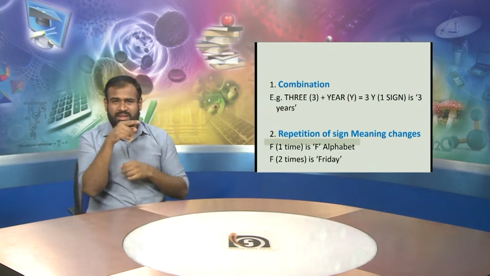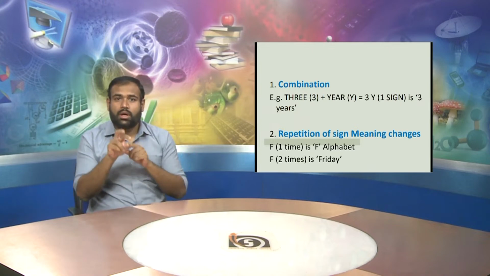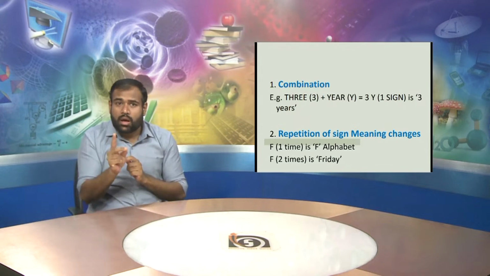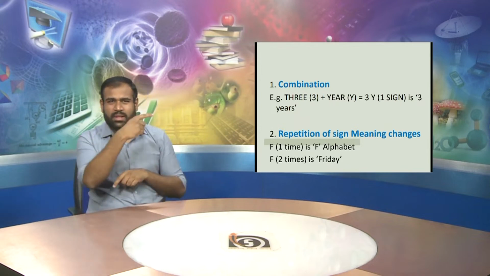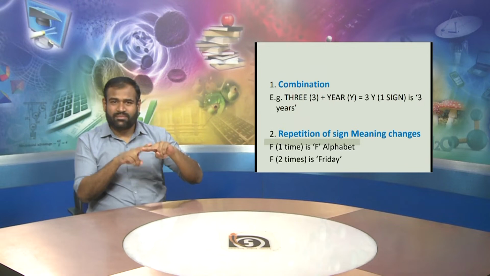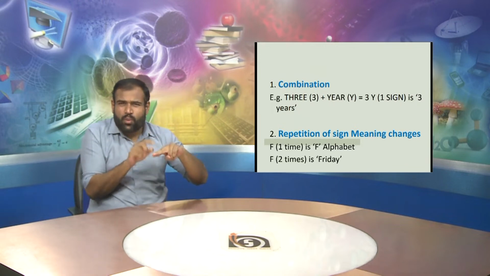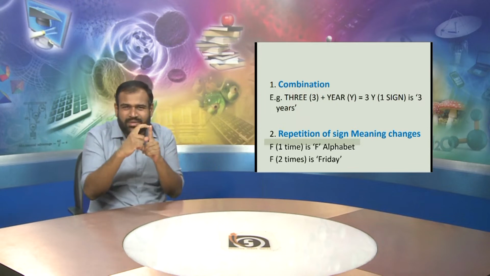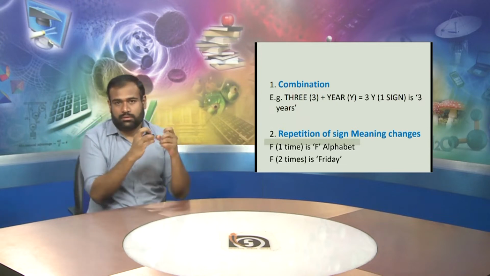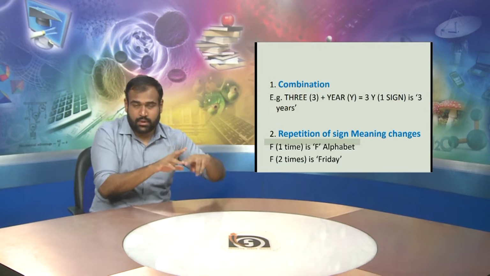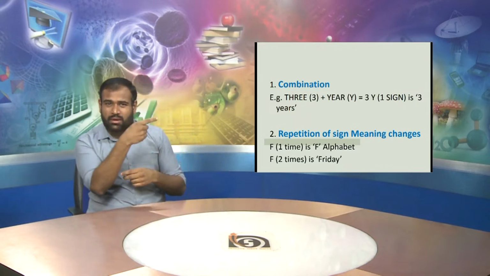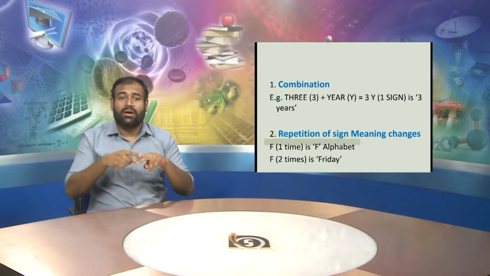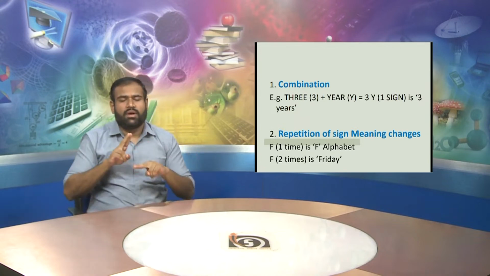This is another type of combination. In this, there is a repetition of sign and the meaning will get changed. You can see the example here. F. If we do the F one time, that will be the F alphabet. We know that A, B, C, D, E, F, G, H, I, J, K till Z. So if we are doing F twice, 2 times, then it will be Friday.